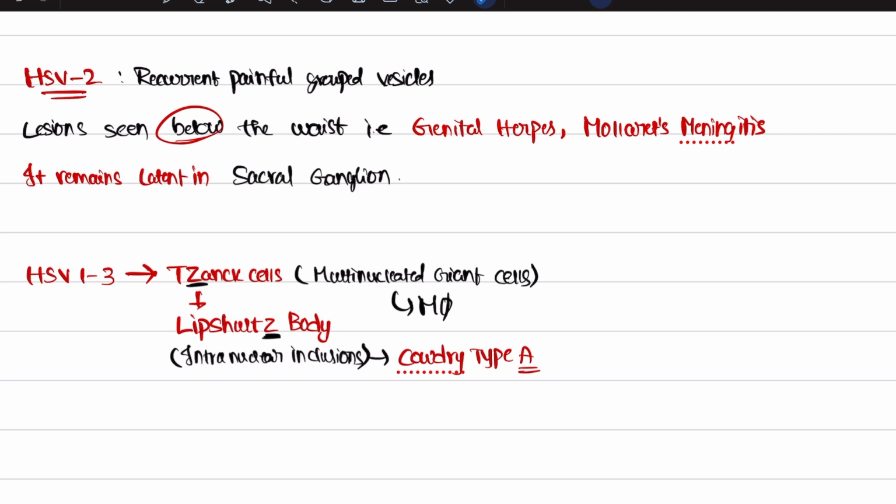This intranuclear inclusion comes under Cowdry type A. Please try to memorize it. Don't try to go deep into it. Just don't waste your time here. You don't have much time. Please try to remember this. And here you can expect a question. I'm just marking a question mark, so here you can expect a question.